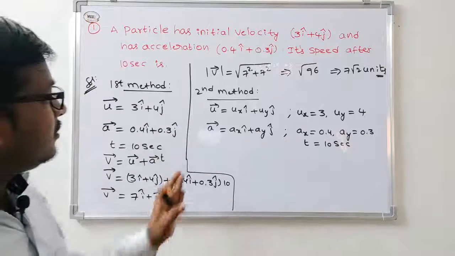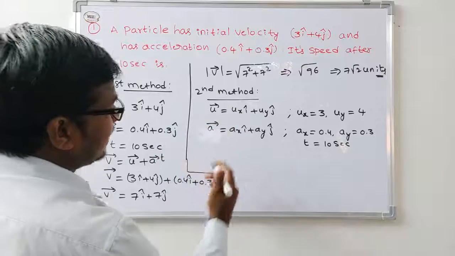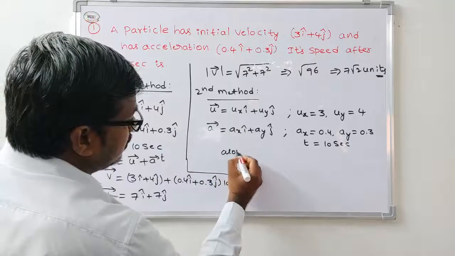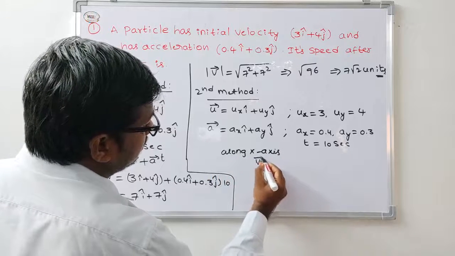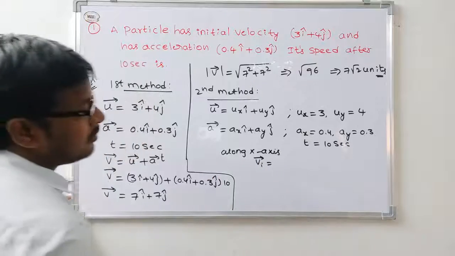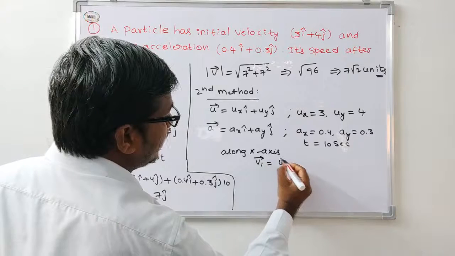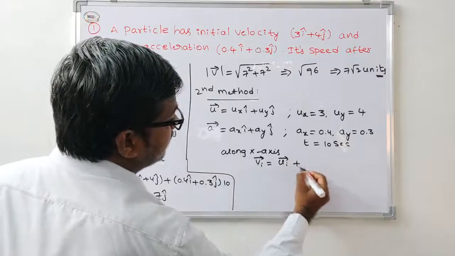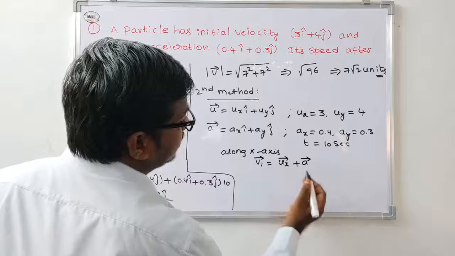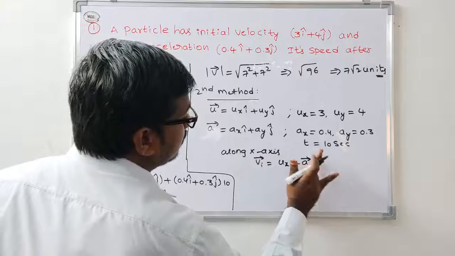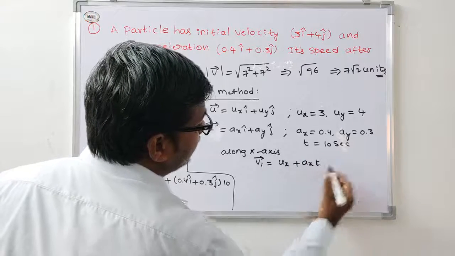Okay, first, the particle acts along the x-axis. Then the final velocity vx is equal to ux plus ax into t.